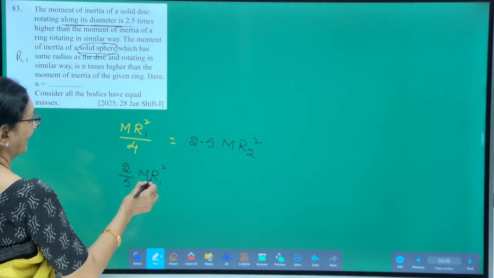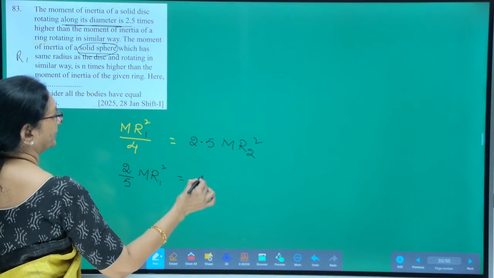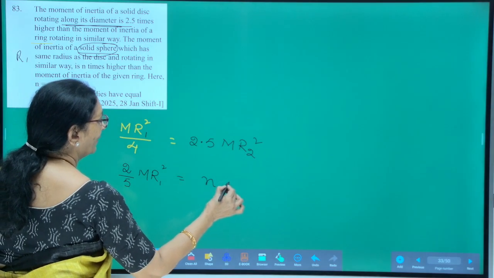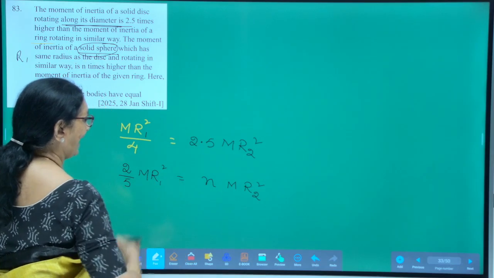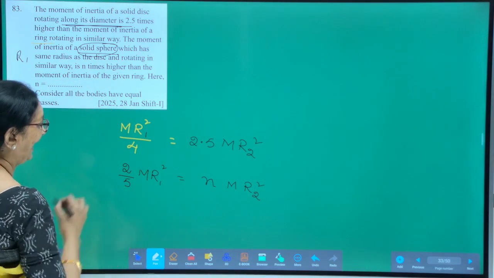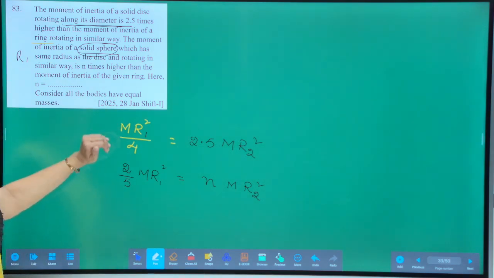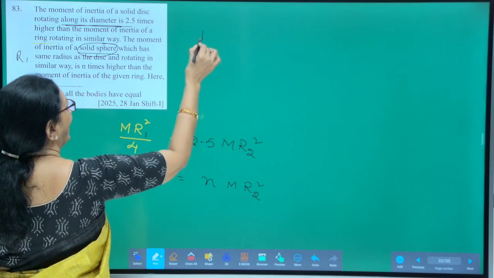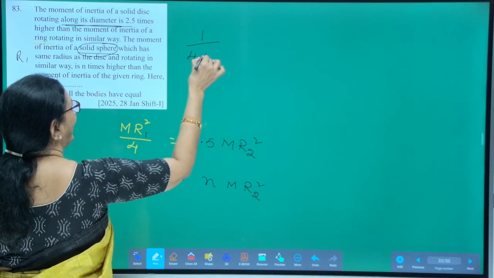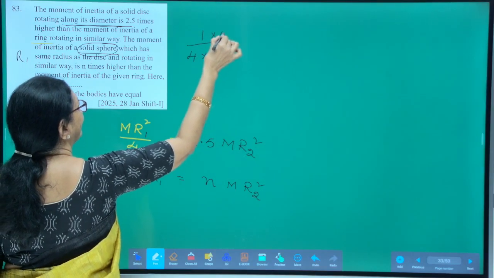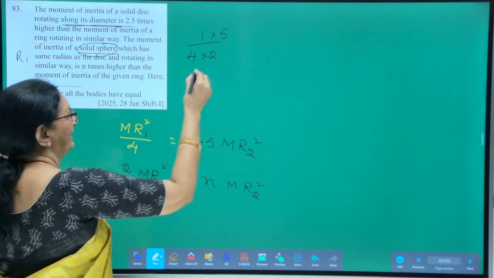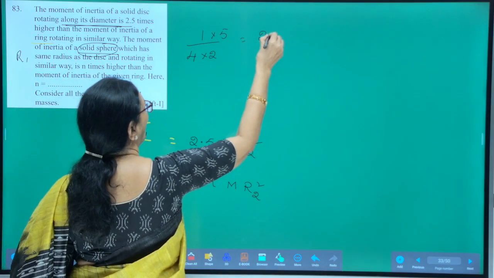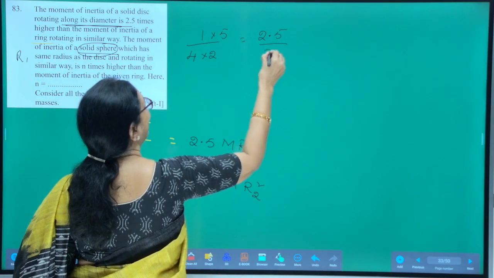So, 2 by 5 m r1 square is equal to n times the moment of inertia of the ring about its natural axis. So, what is n here? If you divide this, 1 by 4 by 2 by 5 is equal to 2.5 by n.